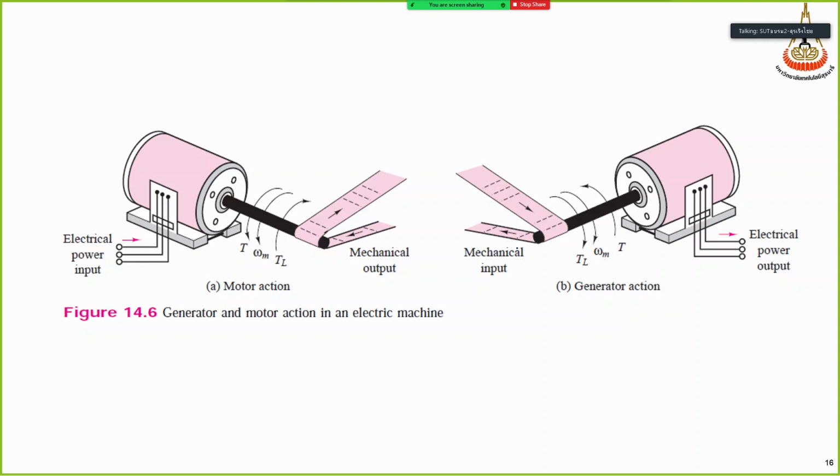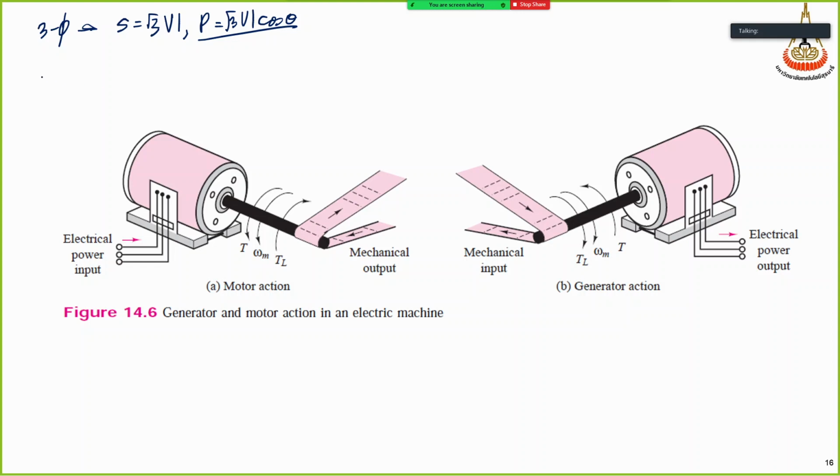So as I said, we can consider the machine in two modes: electrical power output or mechanical power output. Figure A is the motor action. We have mechanical power output. Here it is electrical power output. If this is a three-phase machine, S is 3VI, and the power will be square root of 3 VI cos theta.